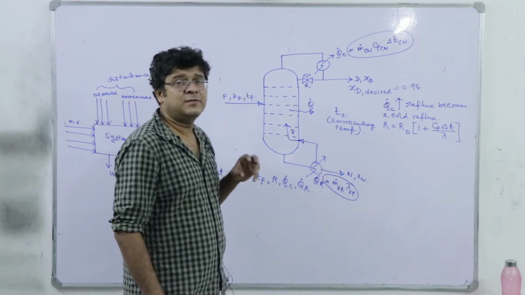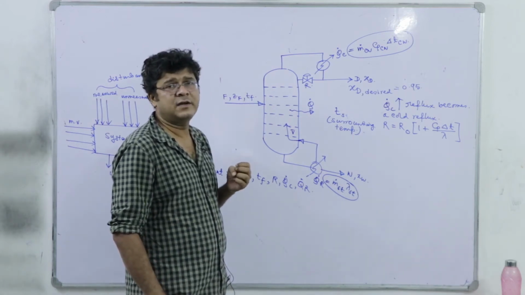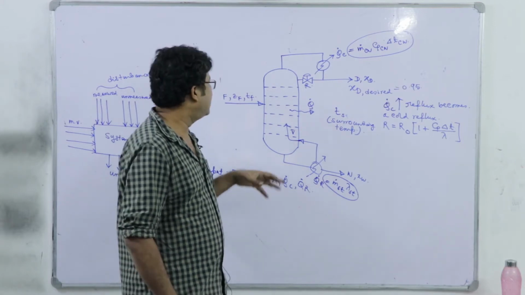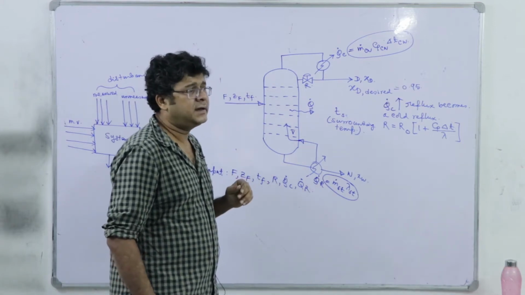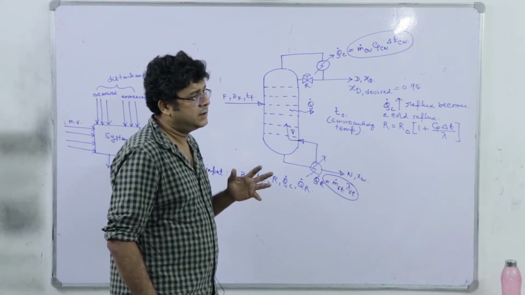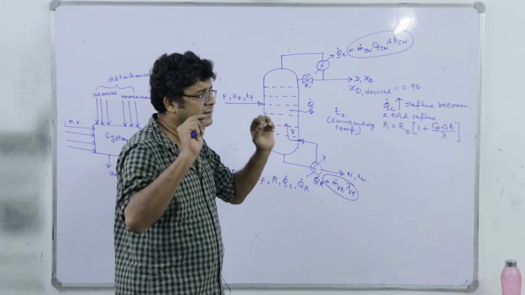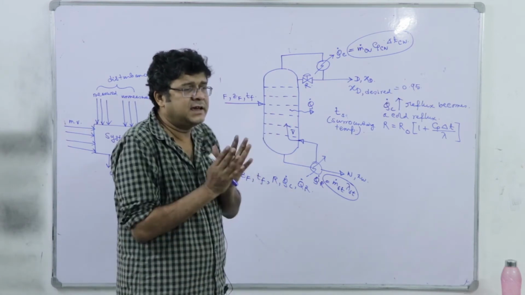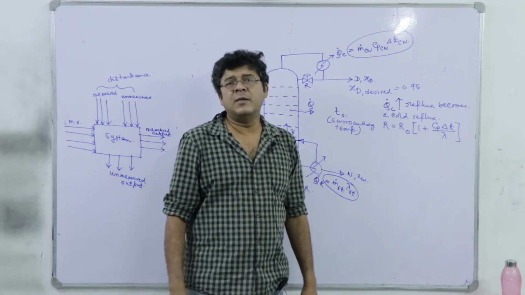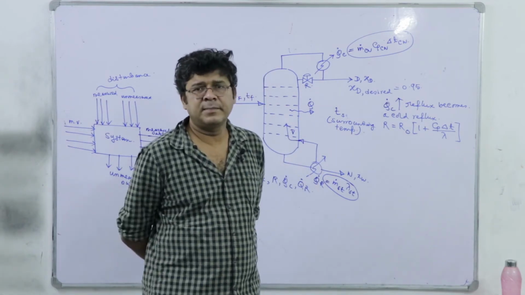But we can qualitatively answer questions of simulation from our understanding of design. We know that if I increase the gap between the operating line and the equilibrium line, the number of stages will decrease.